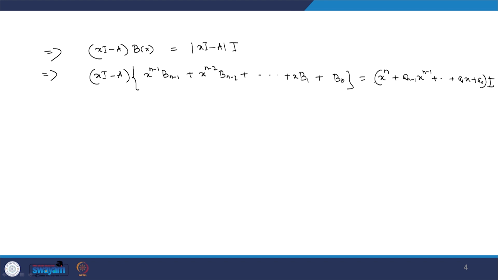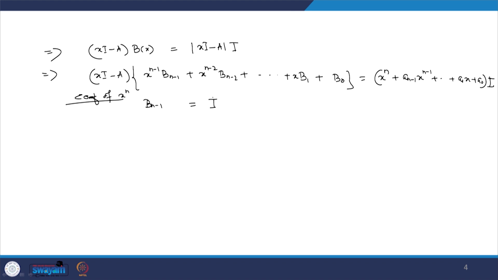Now, find out the coefficient of different powers of x. So, let us first find the coefficient of x to the power n. What is this? On both sides, if I compare, then on this side I will have only B_{n-1}. So, this will be equal to certainly the identity matrix, because the coefficient of x to the power n is only 1.